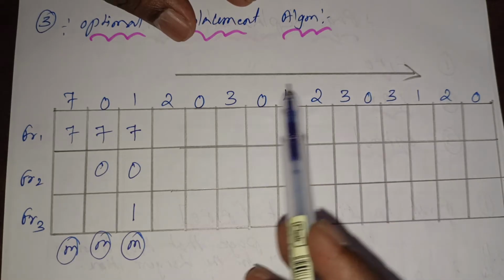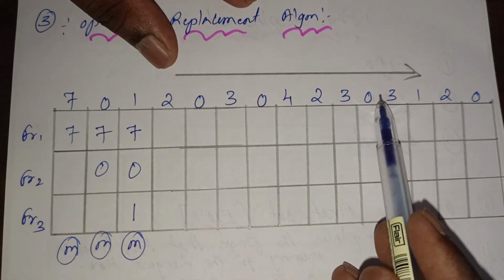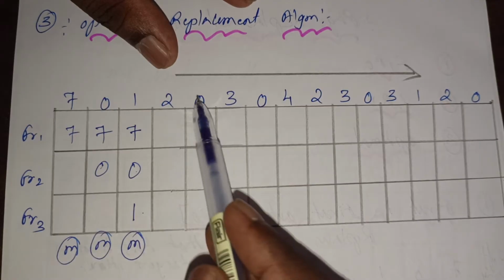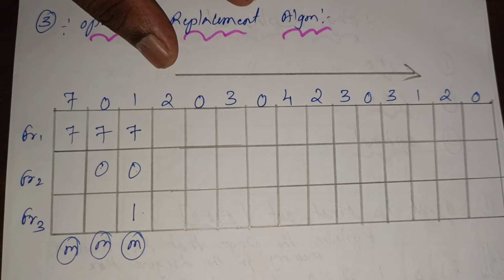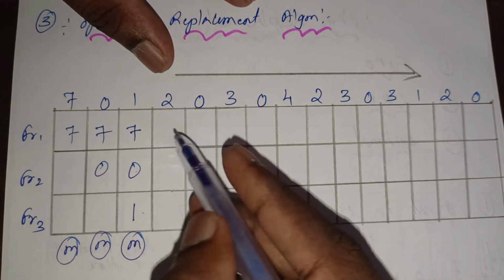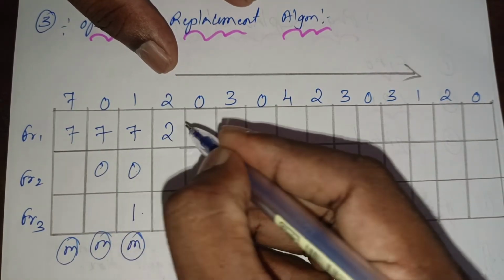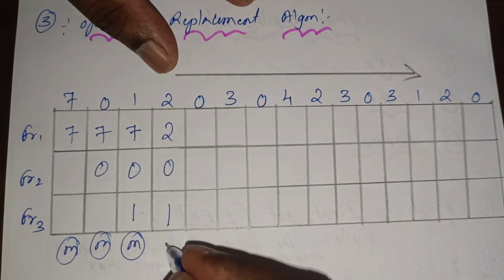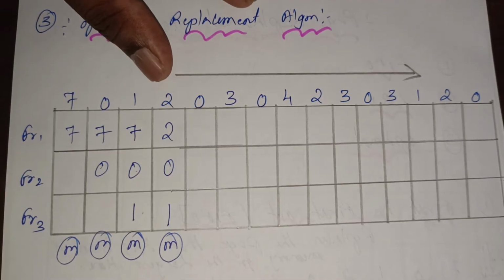So you can check that. 7, you can check one by one, is not used. 0 is used soon in the future. 1 is also used soon in the future. So 7 is not used soon in the future. So I'm going to replace this 7 and bring this 2 inside, because it is requested by the CPU, which is very necessary. So 7 is replaced. 2, 0, 1. So 2 was not inside, so it is also a miss. I hope you understand how it exactly works.